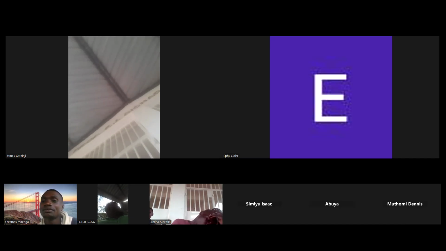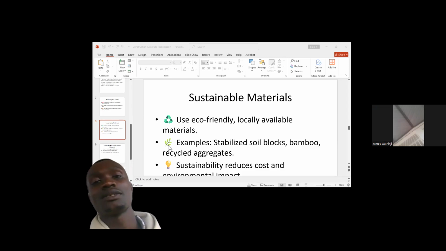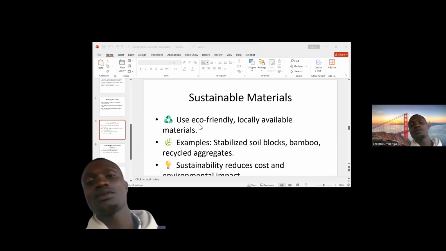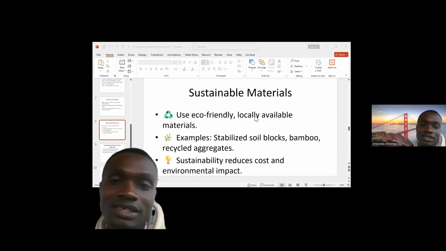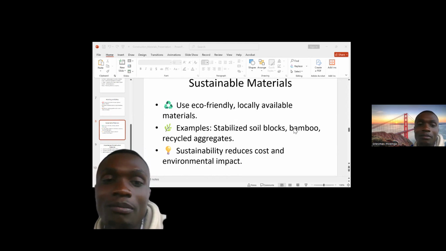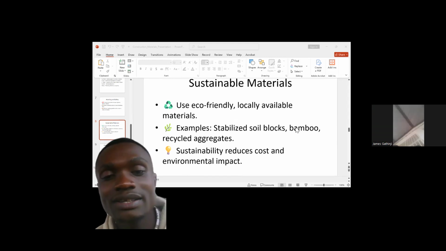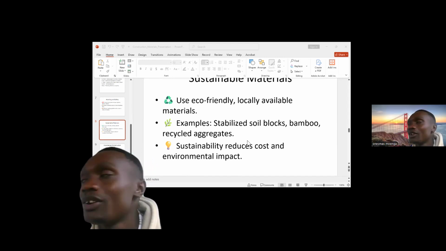Are you able to see the screen? Yeah, we have the sustainability of materials. Use eco-friendly, locally available materials. Then we have the examples: bamboo and recycled aggregates. Sustainability reduces costs and environmental impact.